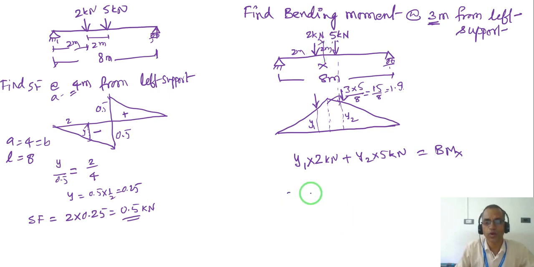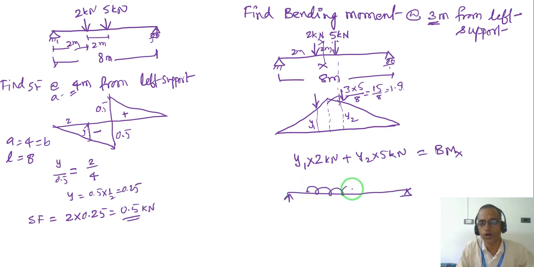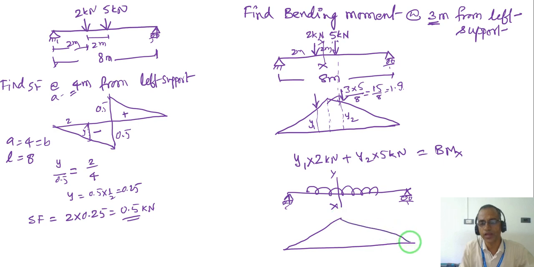If the load is a UDL, something like this, and I want the bending moment at a section x, simply I need to take the area of the ILD between the loads. So I just transfer here.